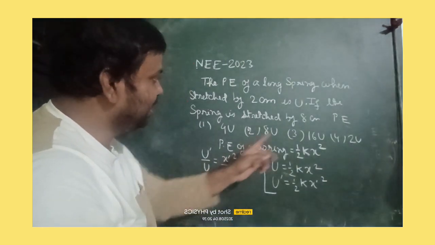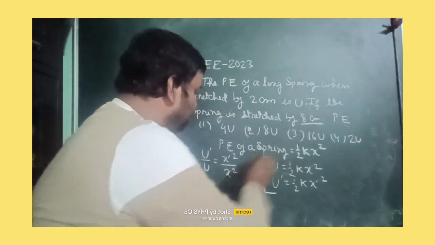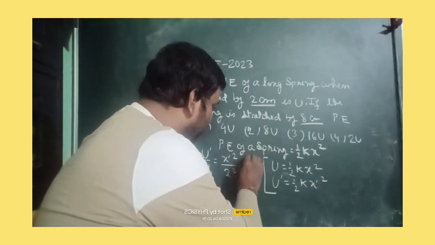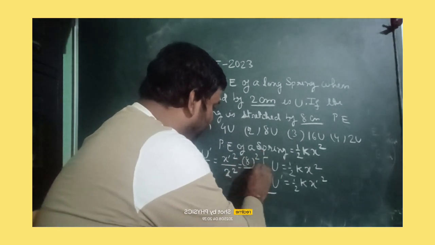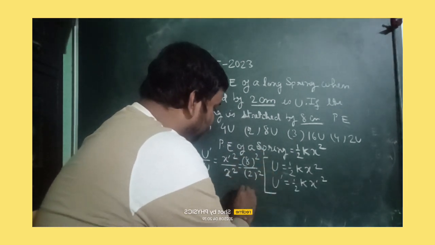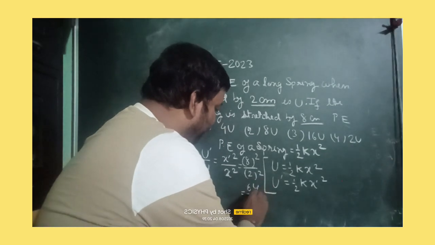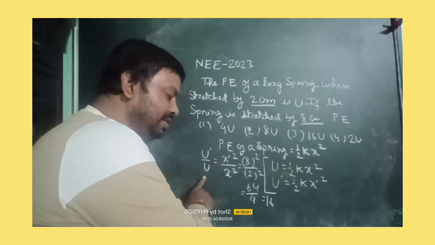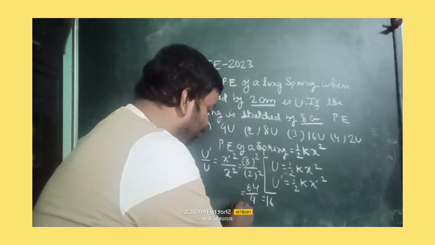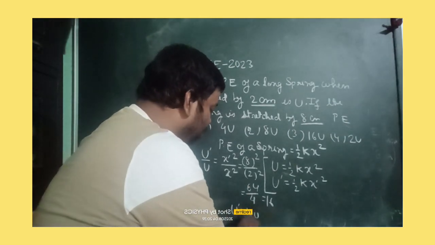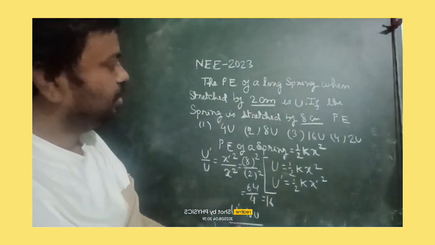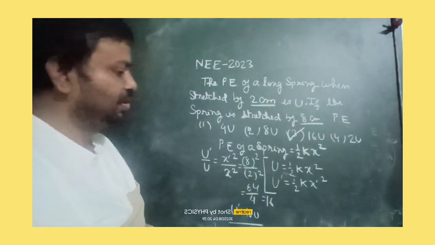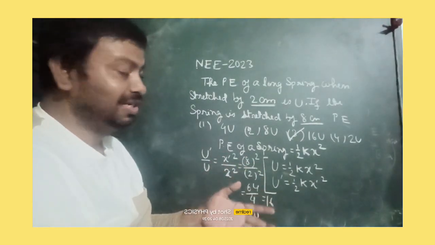Now what is x dash? X dash is given 8 centimeter, and x is 2 centimeter. So that is equal to 8 whole square by 2 whole square, that is 64 by 4, which is equal to 16. So U dash equals 16 U. Now the correct option is 3. So we can solve it easily.